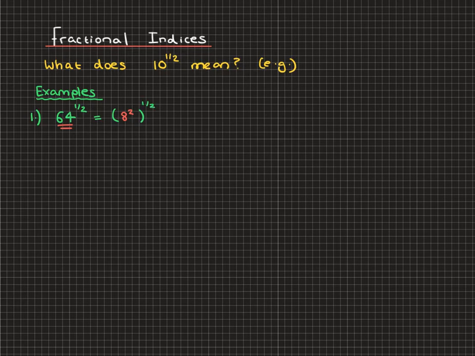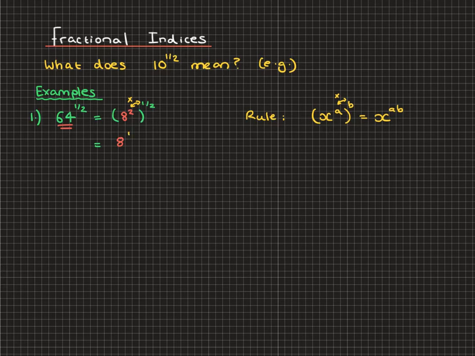But you know there is a rule for indices that you have seen. If you have x to the a and it's all raised then to the b, you multiply the indices, so it's x to the a b. And we can do that here. We can multiply the indices. So this gives us 8 to the power of, and we're multiplying 2 by a half, which gives us 1.